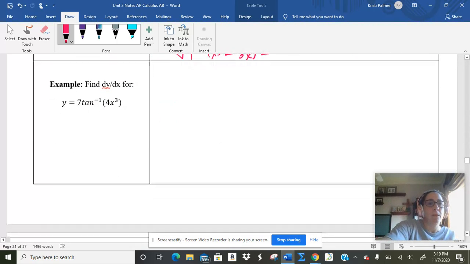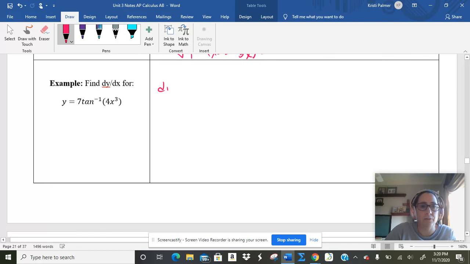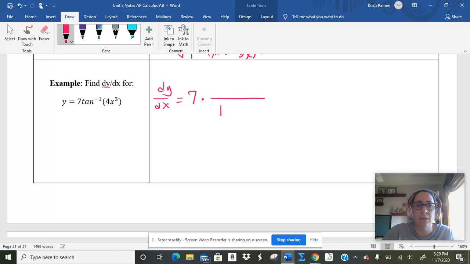Okay, next one, we're going to find the derivative of y with respect to x. 7, along for the ride. And then the arctan is 1 plus, there's no radical, instead it's 1 plus this guy right here squared, the inside of it, and then times the derivative of that.